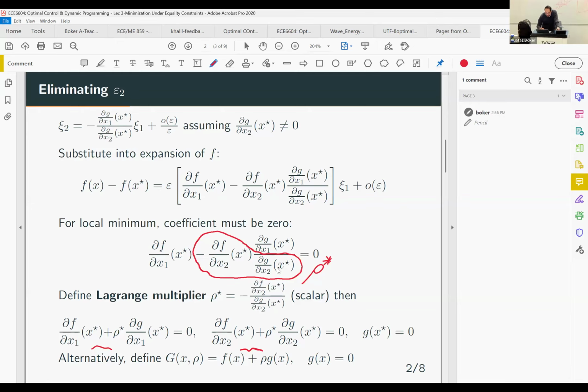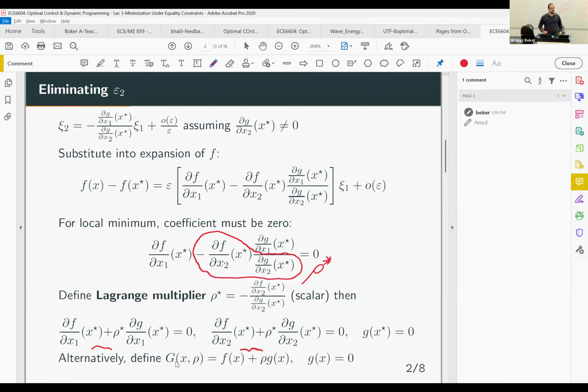Rho star is just a scalar, okay? And then we have g of x, and this is the third condition. We have g of x star is equal to 0. Now, if you look at these equations, these are now two linear equations in two unknowns, and you'll see in examples how we're going to solve that. So alternatively, define now capital G.